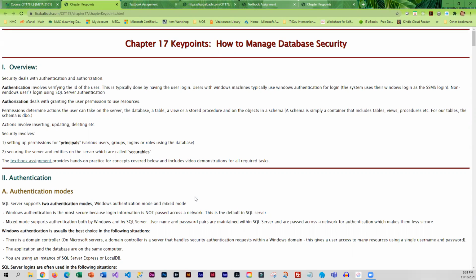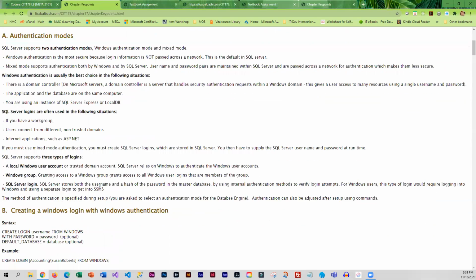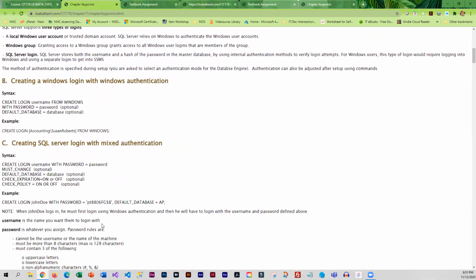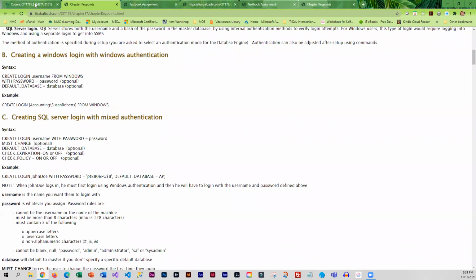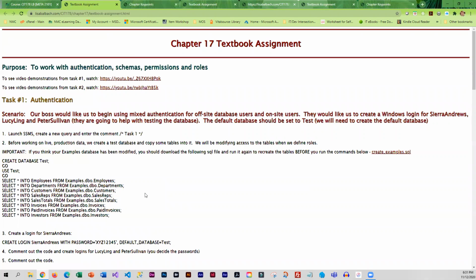And then we actually create some users and give them authorization to do different things within a test database. So this gives you background on database security, and the textbook assignment is where you're actually going to be creating users and practicing what is covered in the textbook chapter and in the lecture demo.